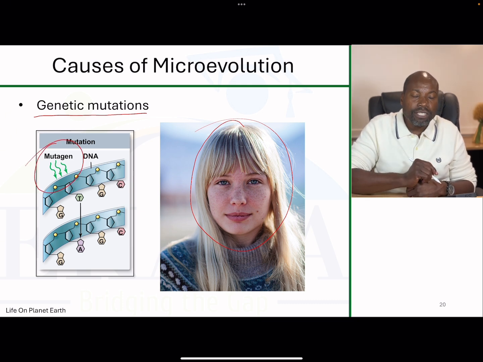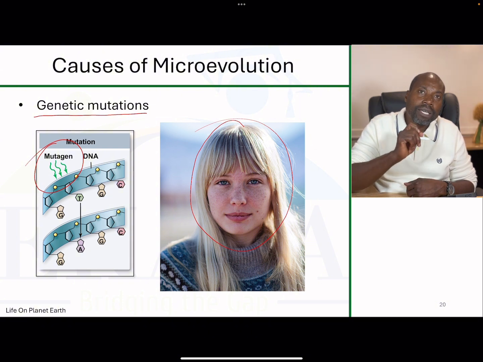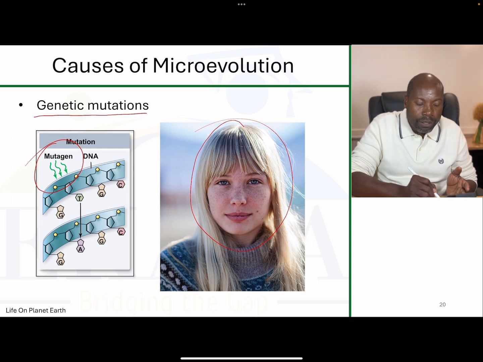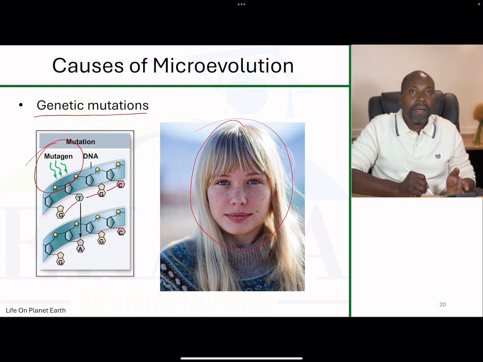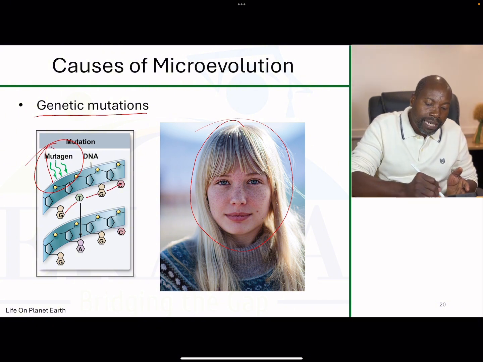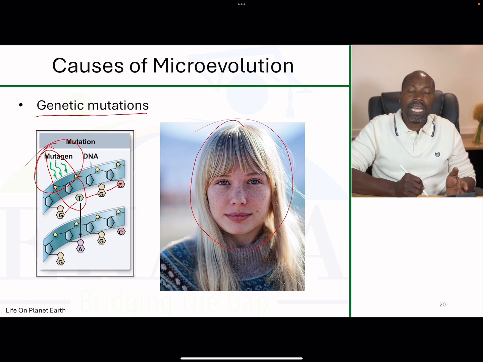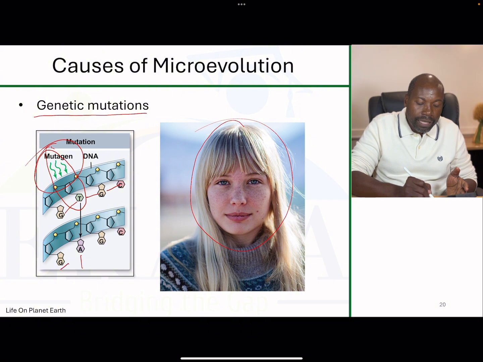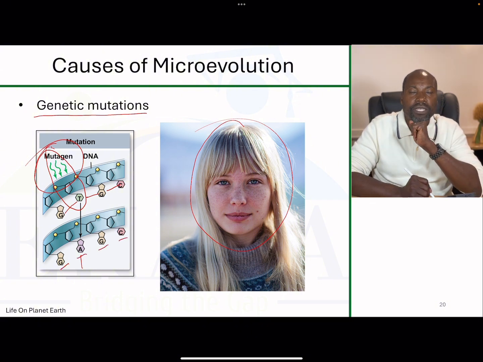And what is a mutation? A mutation is when the sequence of DNA changes because of some accident, right? So here we have a normal sequence that is G, T, G, C, but because of radiation, that C can be changed into A. Now the new sequence is saying G, A, G, C. One single mutation, right?